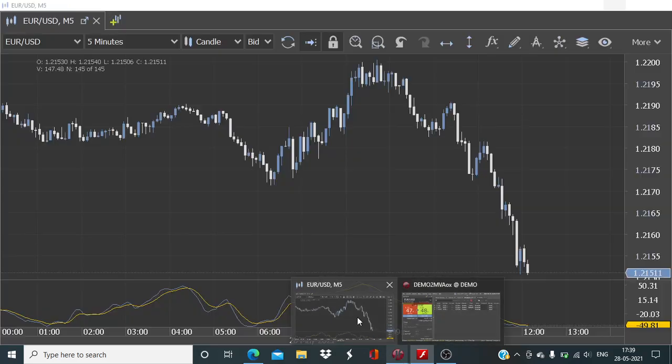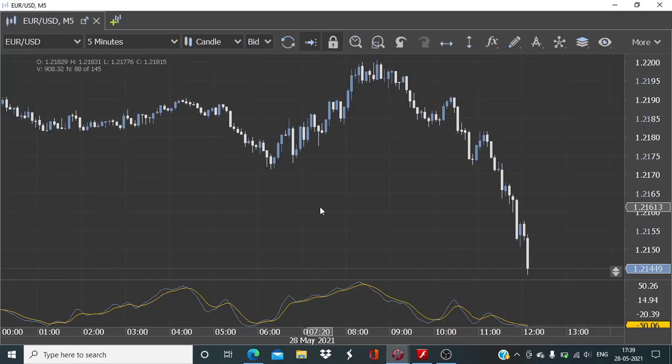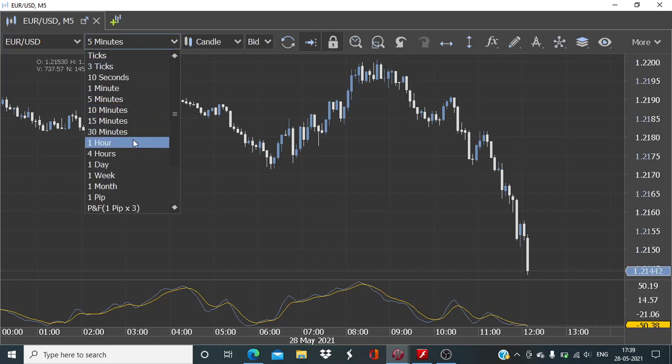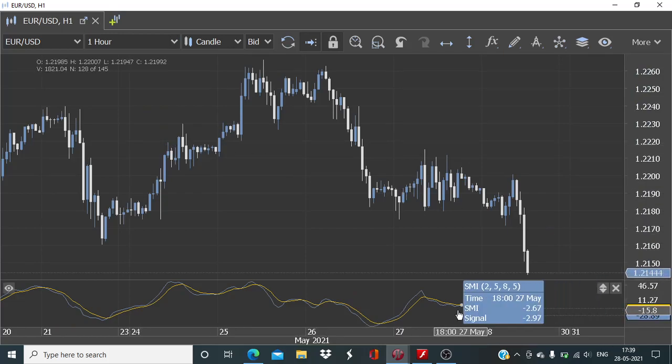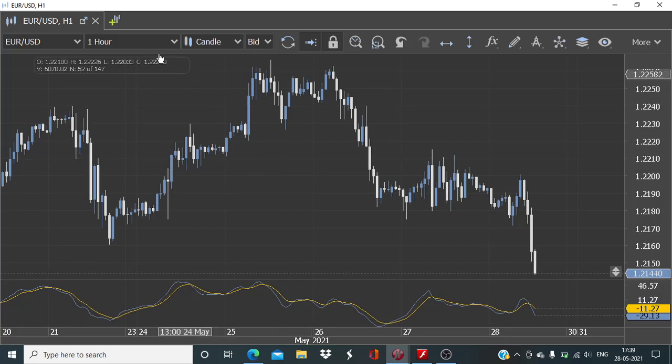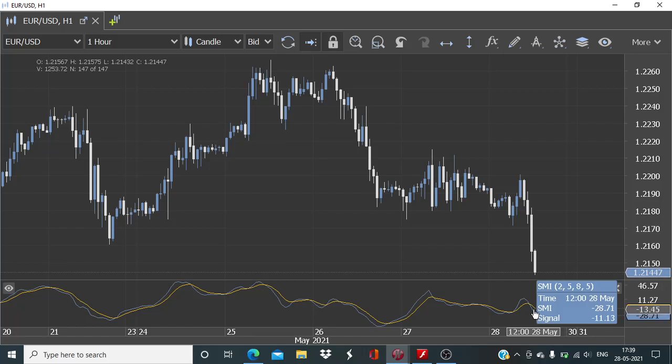This is a bit different compared to the stochastic oscillator. I have plotted this on the Euro USD chart. I will change it to the hourly time frame. And here we have the SMI plotted on the hourly time period for the Euro USD. And as you can see, when we have the price decline, the SMI values tend to be in the negative territory.